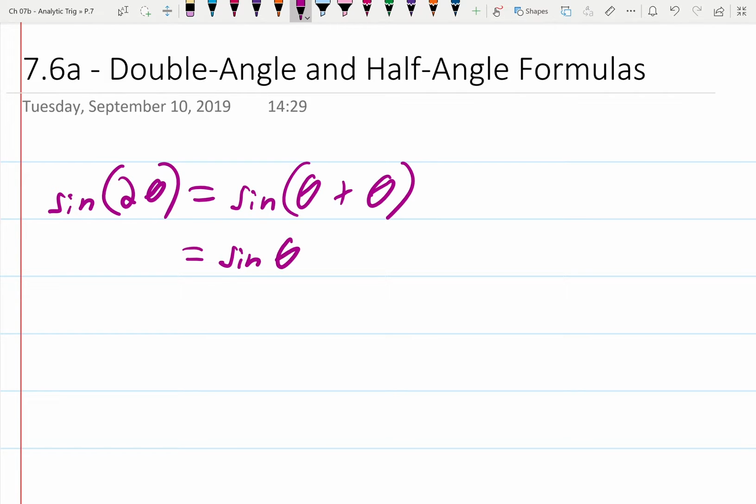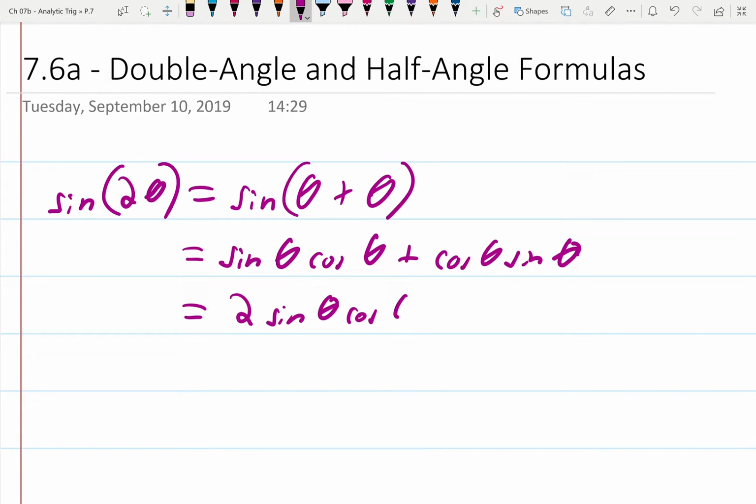Sine theta cosine theta plus cosine theta sine theta, which actually does simplify to, aren't these like terms? 2 sine theta cosine theta.